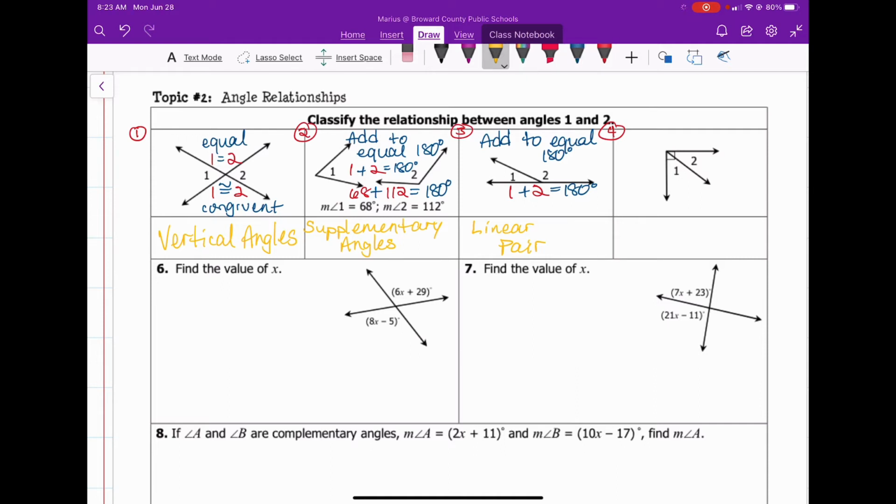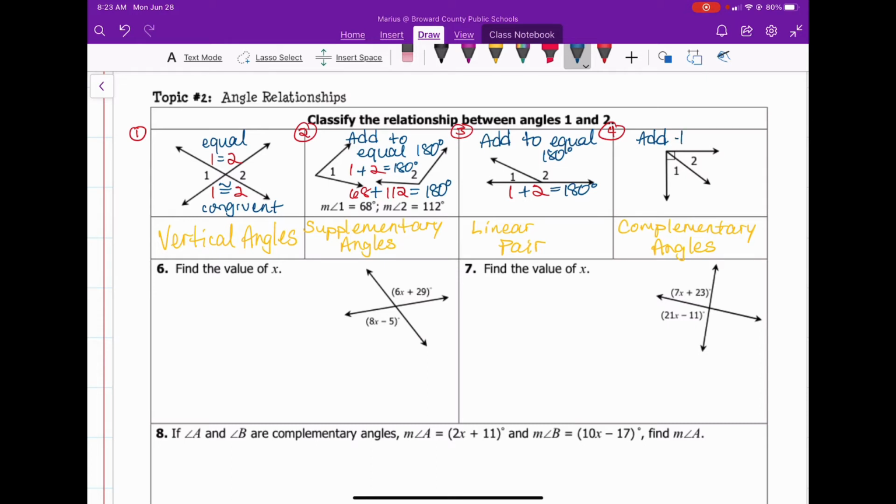All right, now the last example, number 4, the fourth example here. This diagram represents what we call complementary angles. Now, complementary angles add to equal 90 degrees. And you can probably tell a little bit because you see that 90-degree angle box.